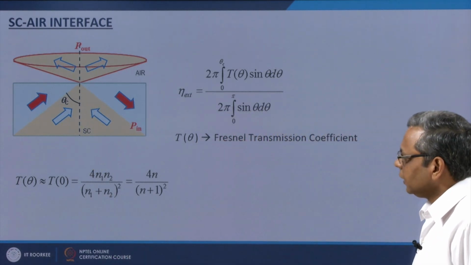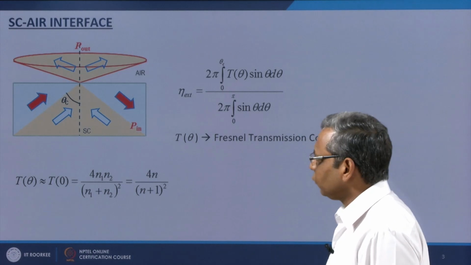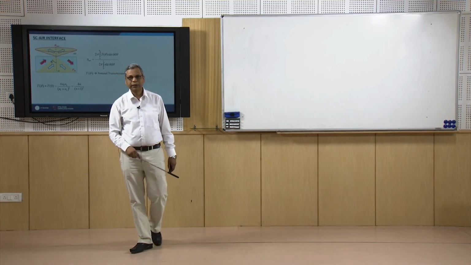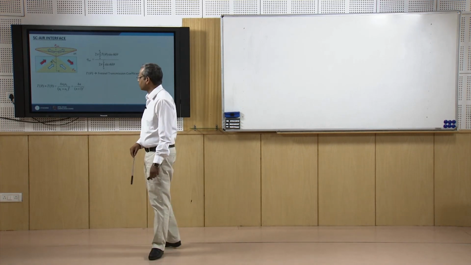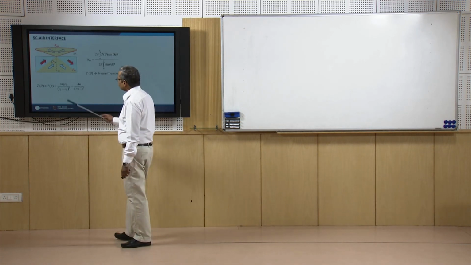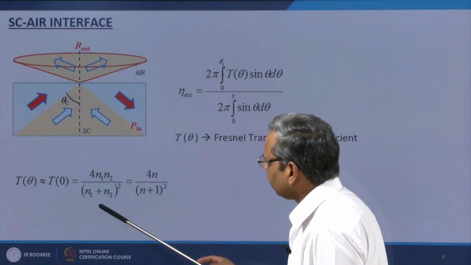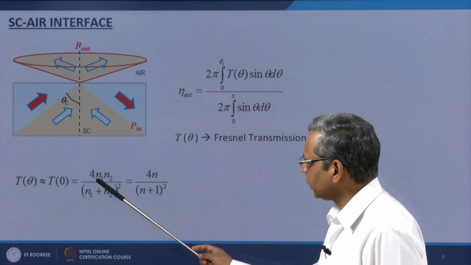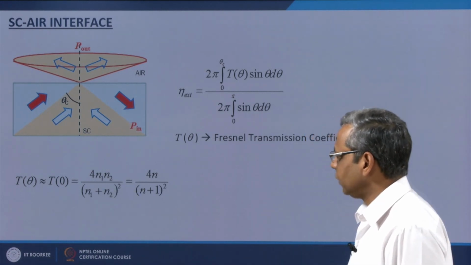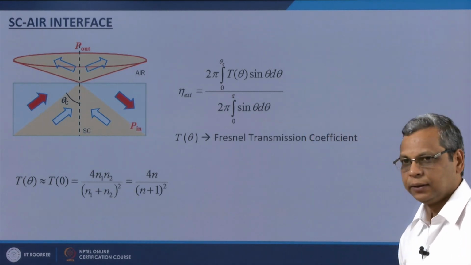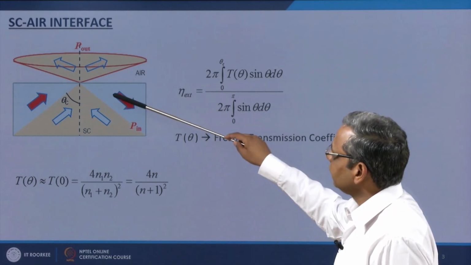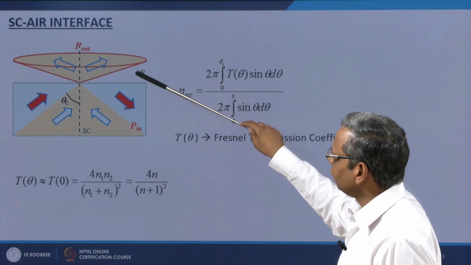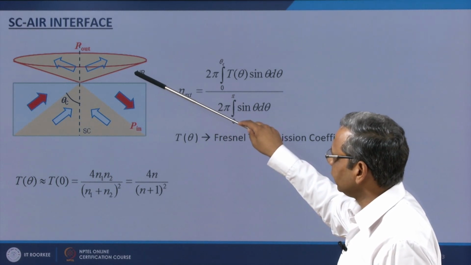I know that at normal incidence, if you have an interface between two media of refractive index n1 and n2, then the fraction of power transmitted is given by 4 n1 n2 over (n1 plus n2) squared. Here, the semiconductor has refractive index n, and air has refractive index 1.